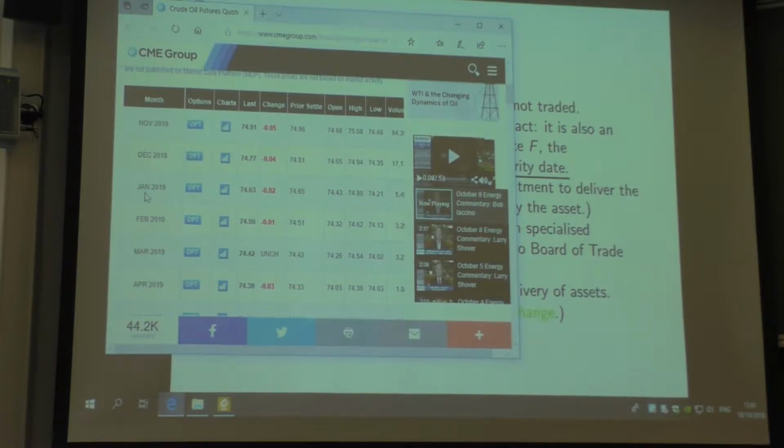So people are entering these contracts either as buyers or sellers, and as they do that, prices change because there may be someone saying, I really want to buy this stuff in January 2019, and no one is offering to deliver that, and then he waits a bit more, and so prices go up a bit, and then eventually someone is willing to take the opposite side of this contract. So if someone enters a long position in the contract with the exchange, the exchange has to find someone who's willing to take the short position in the same kind of contract.